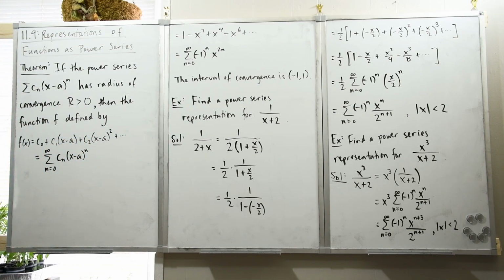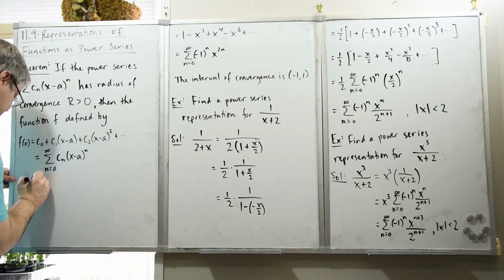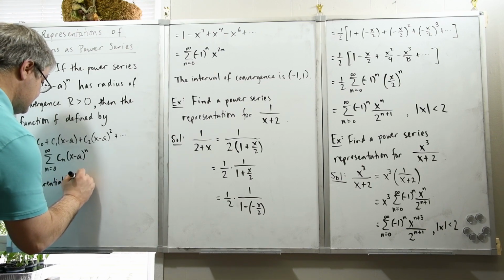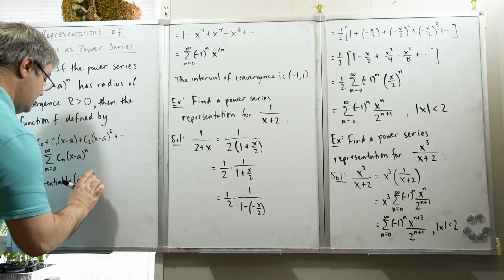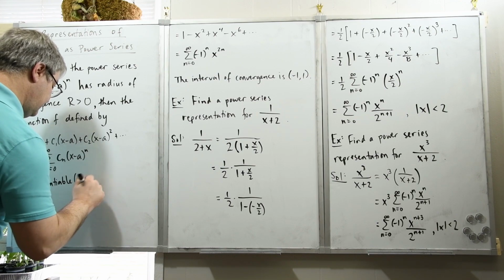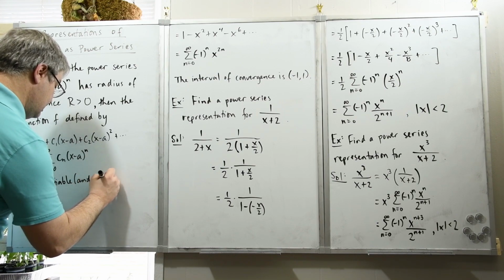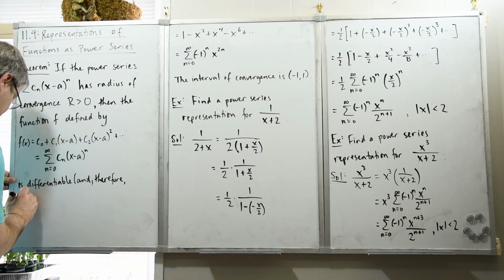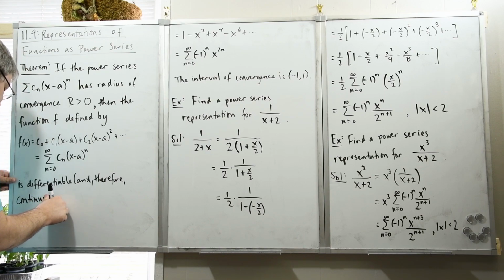So if the power series has a radius of convergence r greater than 0, then this function f that's defined in this fashion is differentiable, and therefore continuous. Remember, differentiability implies continuity.